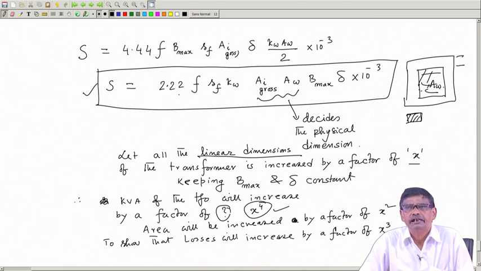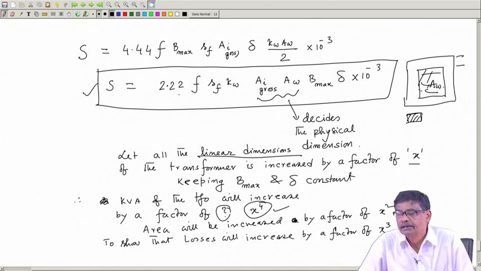And I told you the rate at which heat will be dissipated and the rate at which heat will be generated, when these two will be equal, transformer will attain a constant operating temperature.